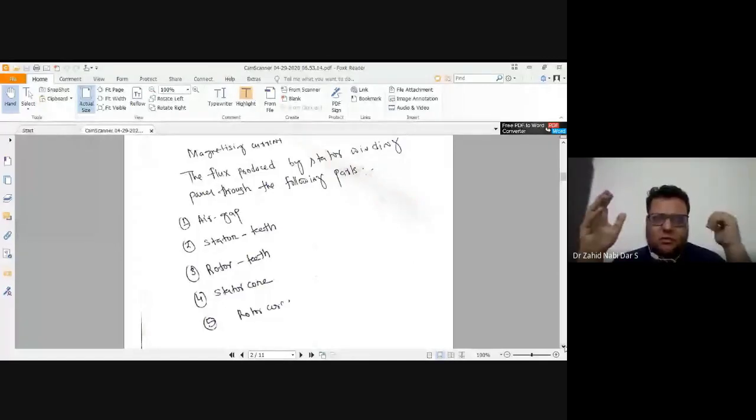In the induction motor and the transformer also, we have some amount of resistance. Because of that resistance, there is loss. Otherwise, it would behave like a superconductor. There would be no loss. A pure inductor is a superconductor. It is very simple as that.